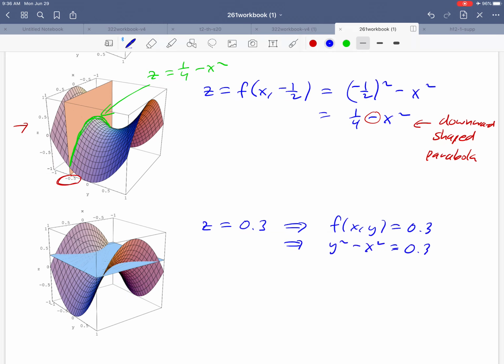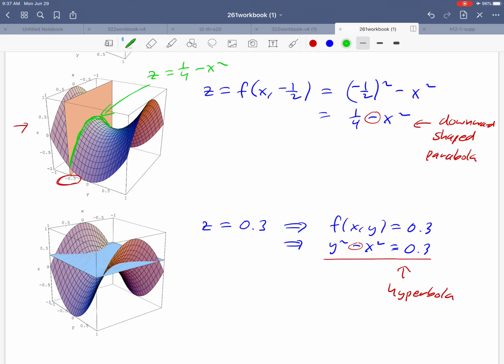And then we could ask the question, what is that the equation of in two dimensions that we came up with? y squared minus x squared equals 0.3. I would bet that you've probably seen a formula like this, but it's maybe been a really long time ago, maybe in an algebra or a geometry course. This is actually the equation of a hyperbola. We've got an x squared and a y squared and a minus sign between them.